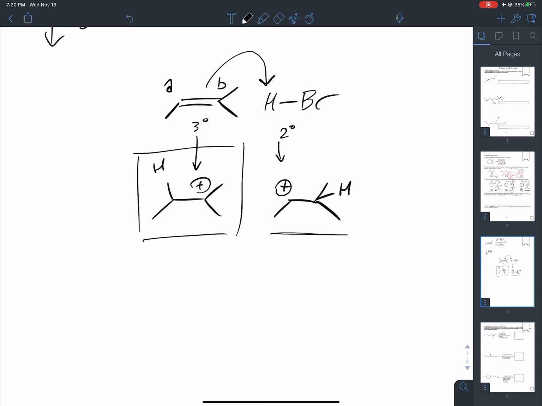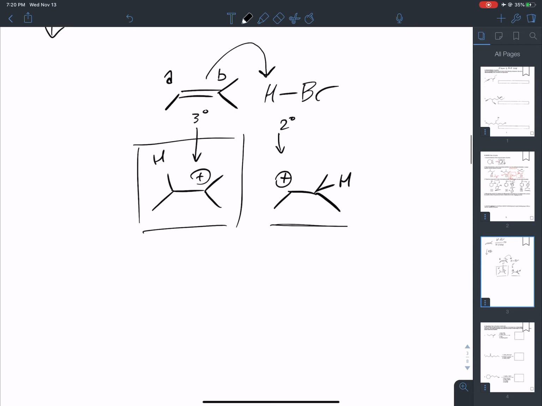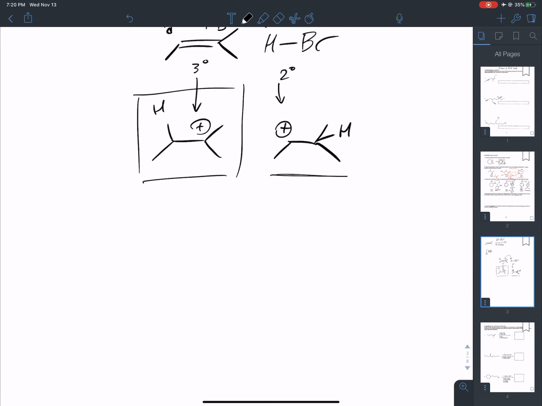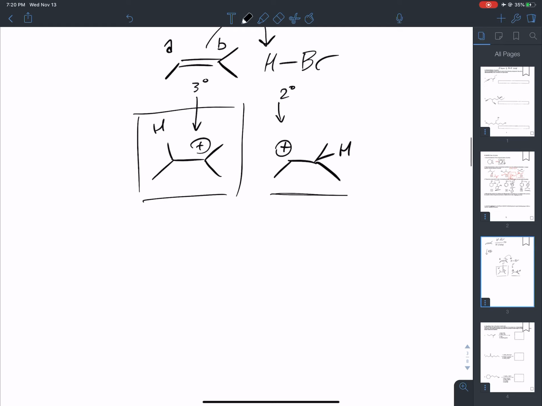And this is the real essence of Markovnikov's rule. What he really says, the extended Markovnikov rule, is that the reaction will proceed through the most stable intermediate. So let's go ahead and finish this reaction. We decided that we're going to go with the left. Bromine, Br minus, is going to be our nucleophile. This carbocation is a great electrophile, so this Br can come in and attack here.